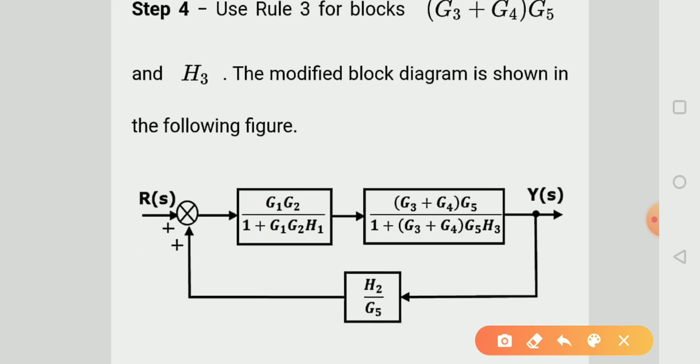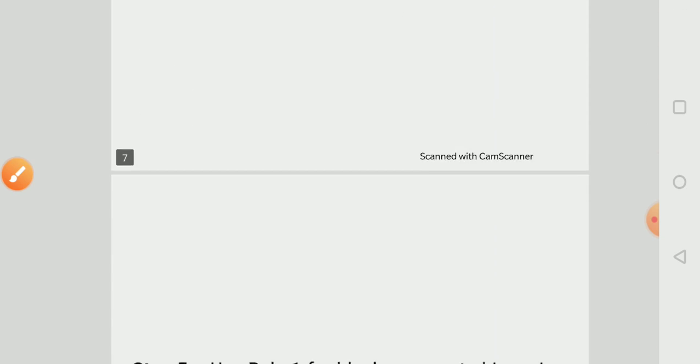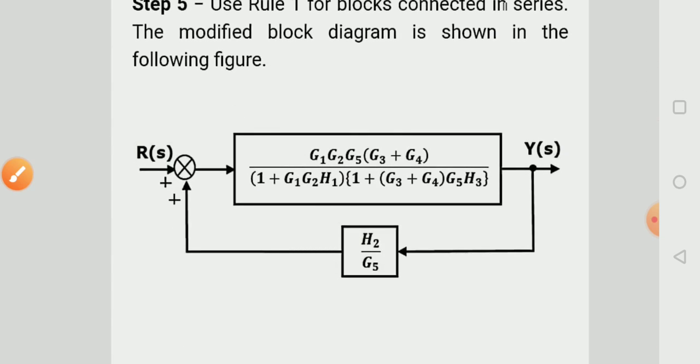Now we also see here again two blocks are in series. So again we multiply both the gains of these two blocks. After that our block diagram is modified like this figure.